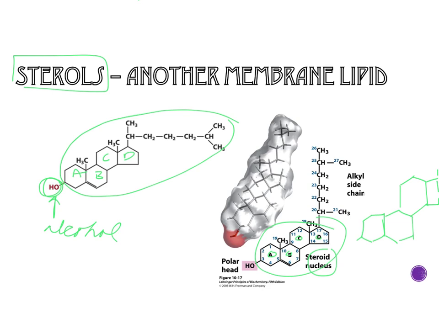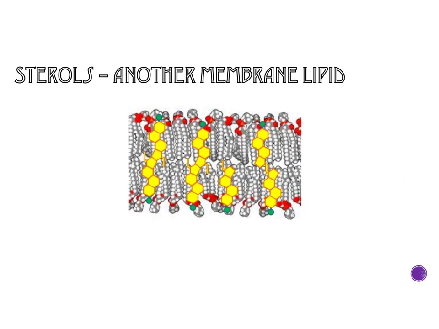So what is it that sterols even do for the membrane? So once a lipid bilayer has formed, it's not just phospholipids. So here's a phospholipid. The membrane is made up of a lot of more and unique different things. We're going to talk about proteins that get added to membranes, sugars that get added to membranes.